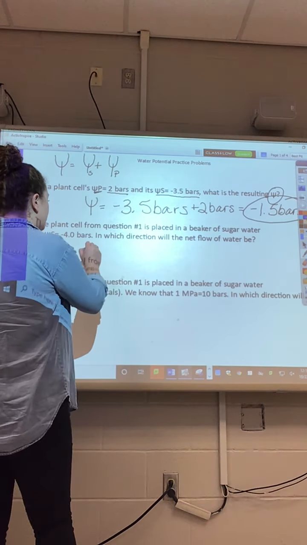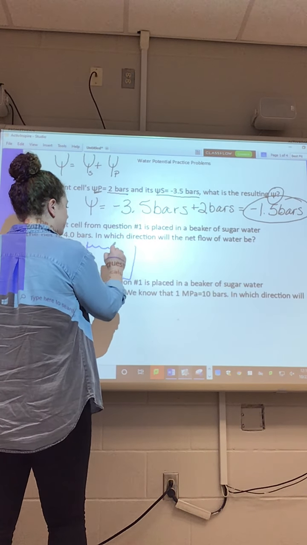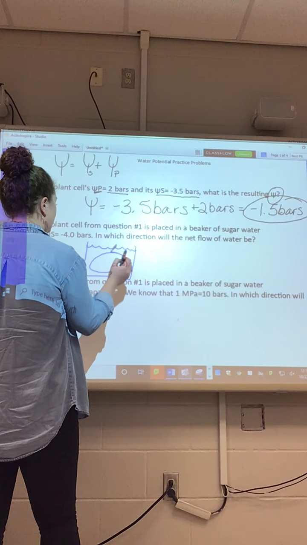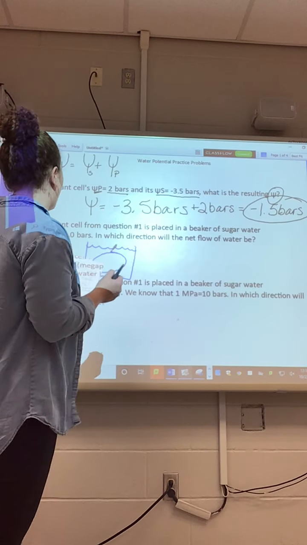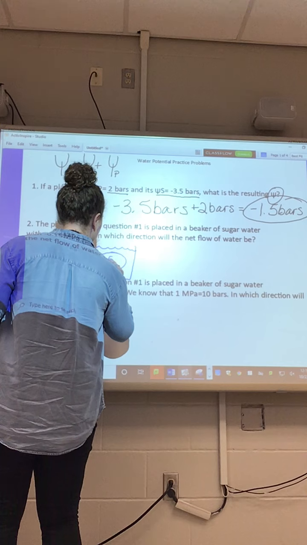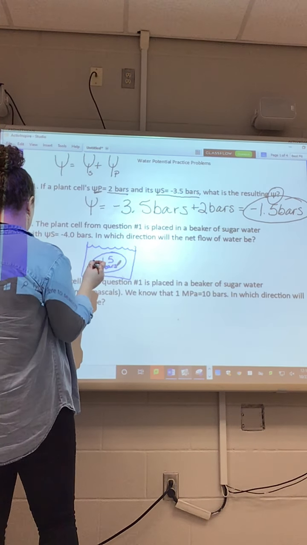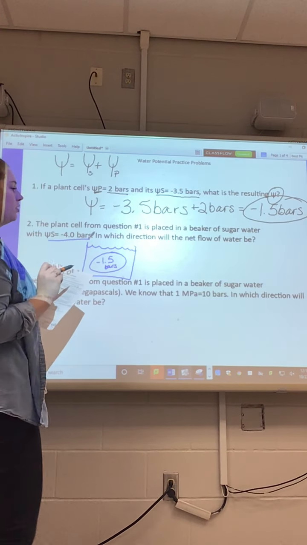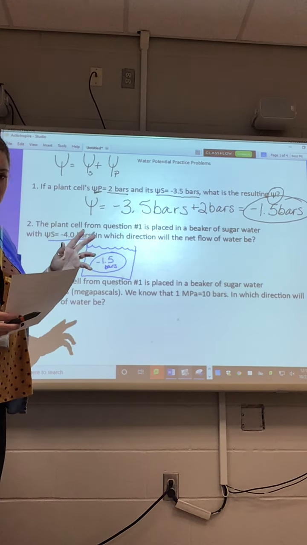So if I've got my beaker full of sugar water, then I place my cell in it, and the cell has a water potential of negative 1.5 bars, and I place it into a beaker of sugar water that has negative 4.0, and I can do this in my head.